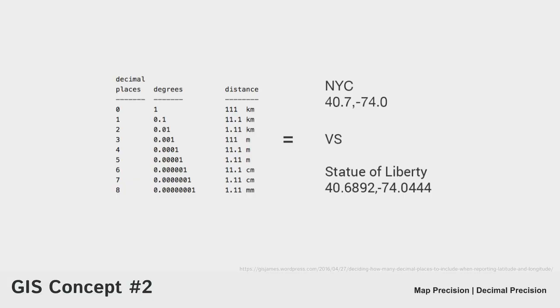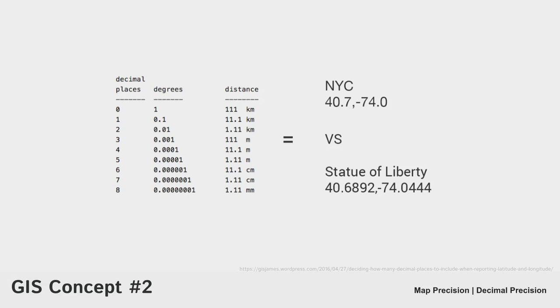We also, especially when we're dealing with the vector model and mapping in terms of latitude and longitude, are dealing with decimal precision. So each pairing of latitude and longitude is going to have a certain degree of precision. And depending on what we're doing, we can either put up with low precision latitude and longitude, or we really need high precision.